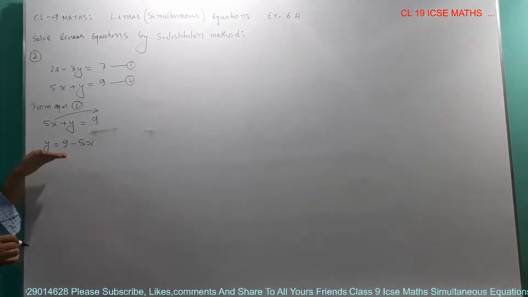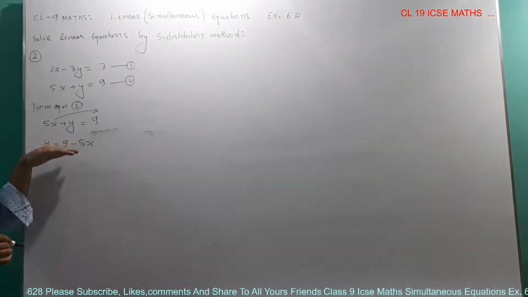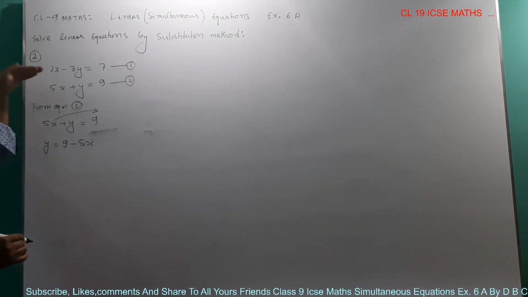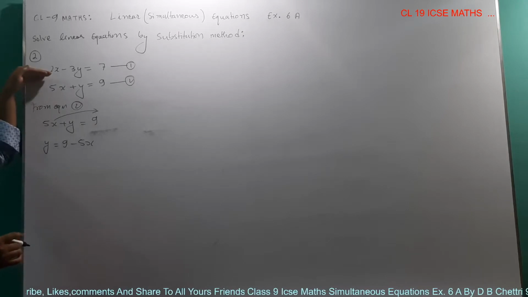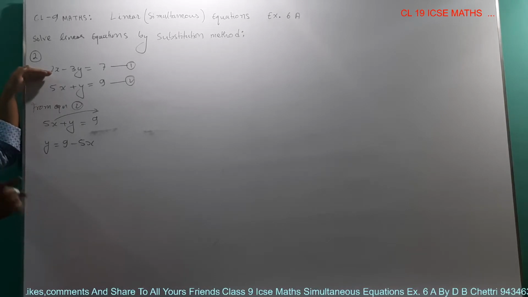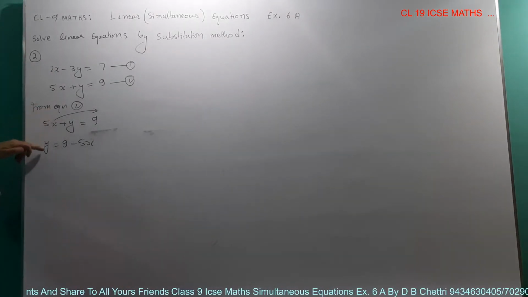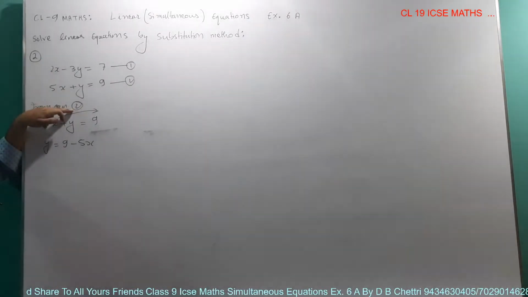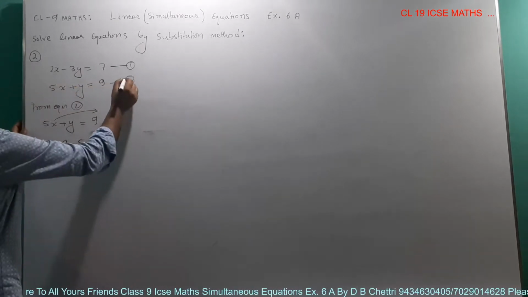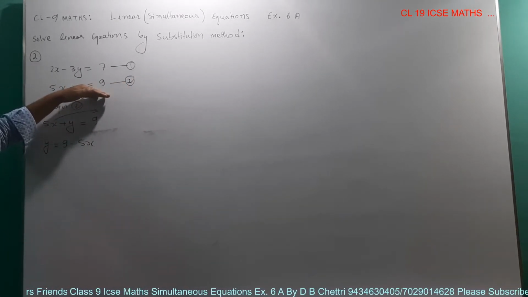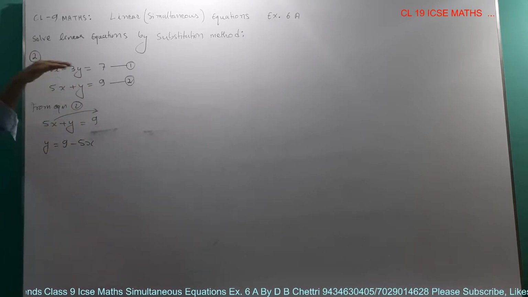Now we got the value of y in terms of x. Take this value of y and substitute it in the next equation. Don't substitute in the same equation. This is the main point. From where did we get this value of y? We got it from equation 2, so don't substitute this value in the same equation.